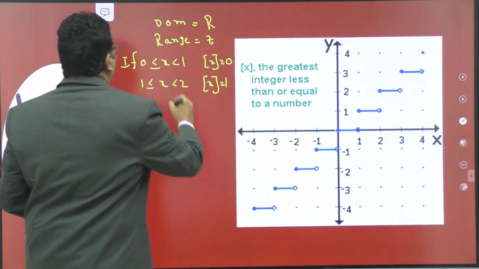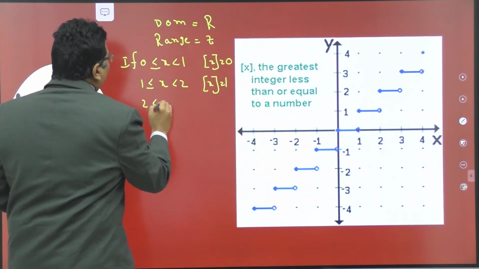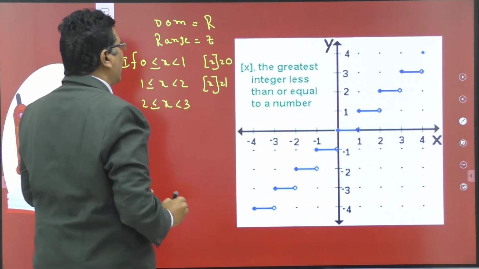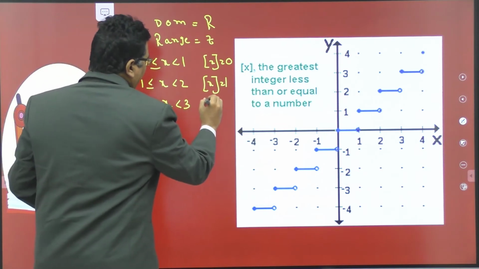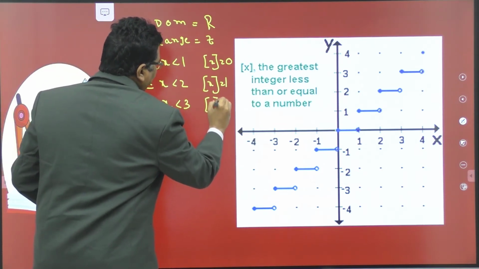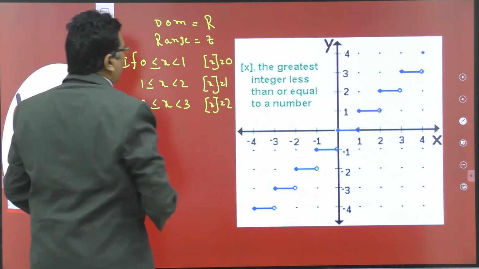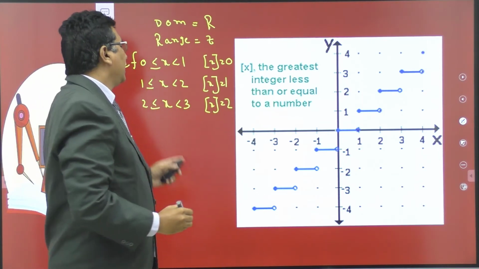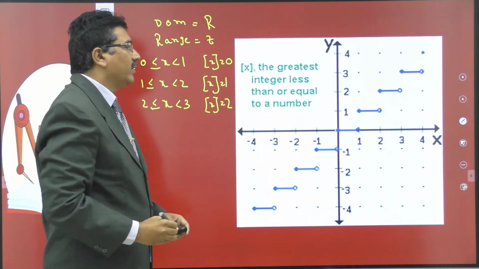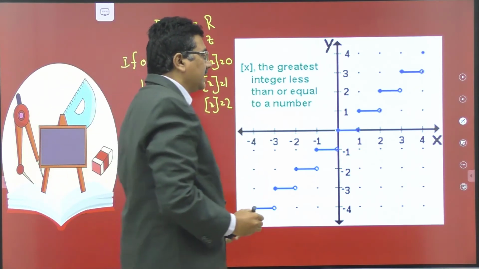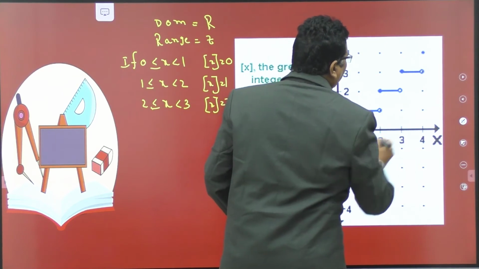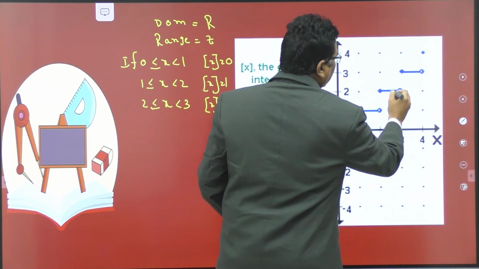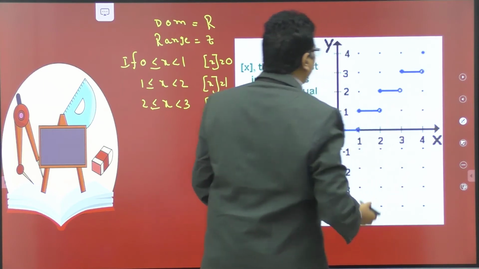Now if x lies between 2 and 3, then the integral part [x] is equal to 2. So in the interval 2 comma 3, the graph is a straight line, y equal to 2.